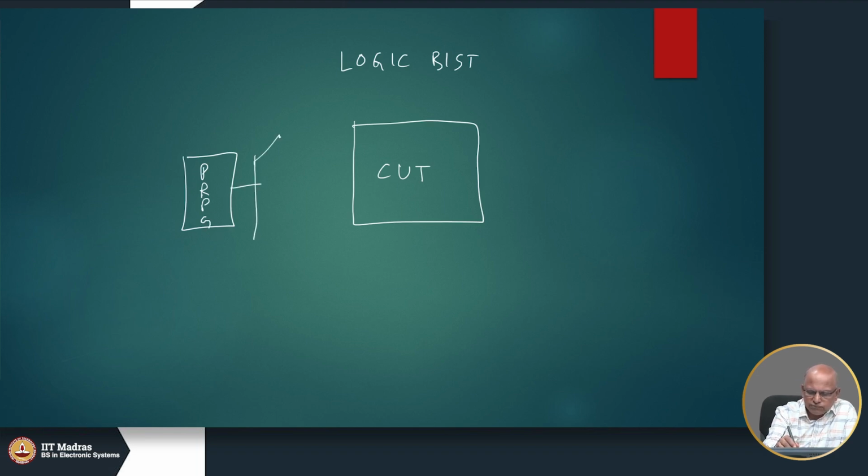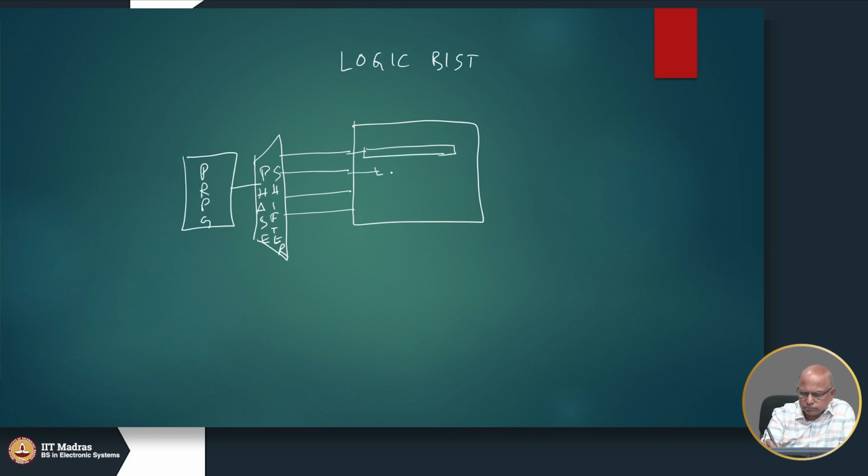They may put a phase shifter here. Then the outputs of these will come to the circuit under test. And if the circuit has scan inputs, then one way to do this would be to feed this to the scan chains.